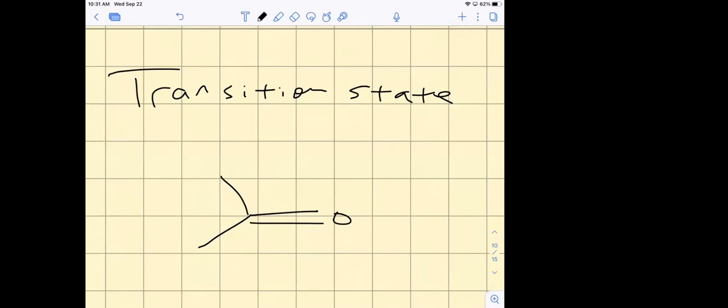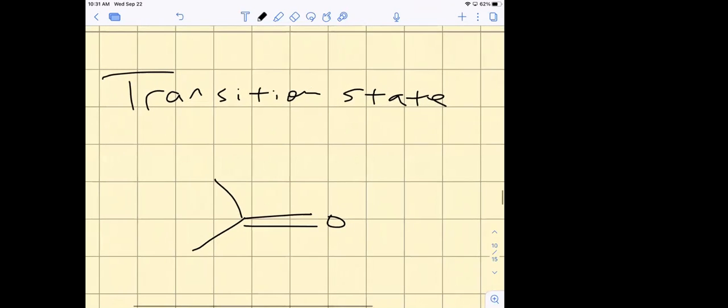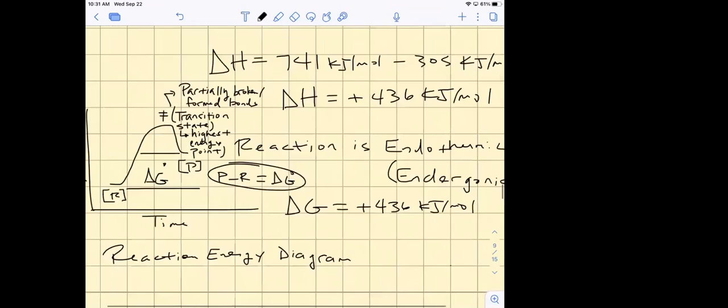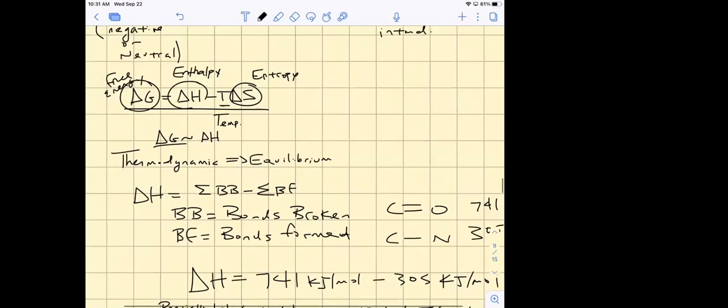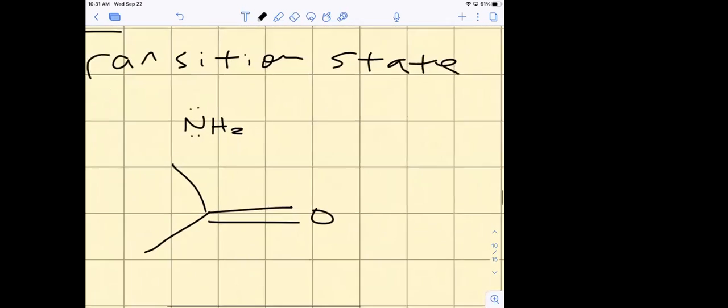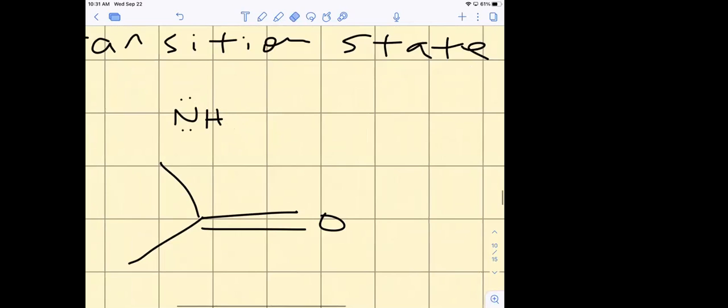And when that nucleophile attacks the carbonyl carbon, let's say for the sake of this example it's NHCH3, it's going to attack from this top face, like so.